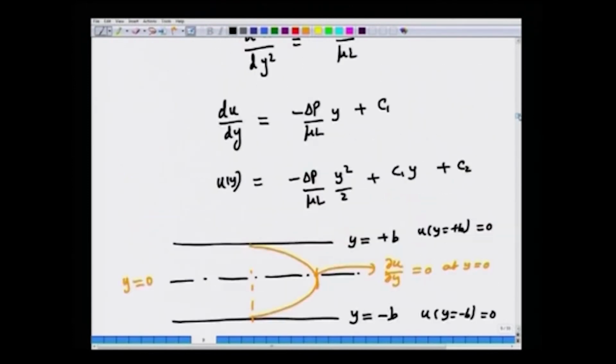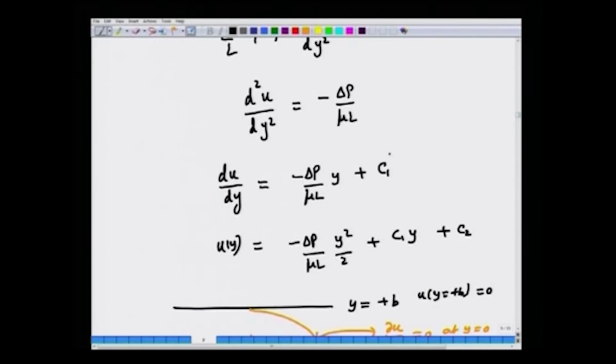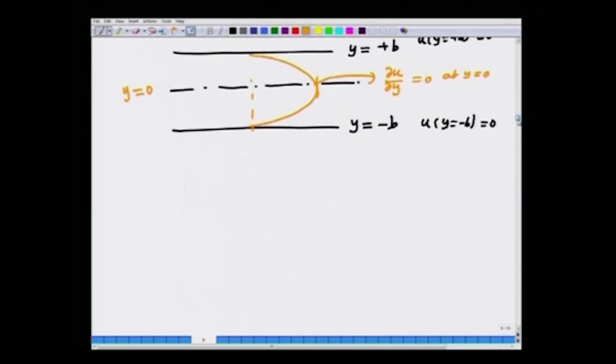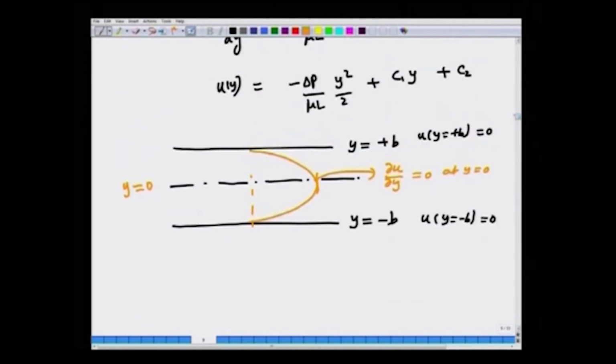Okay, we know what is du dy. Du dy is this. If I evaluate this at y equal to 0, du dy at y equal to 0 is 0. This implies that at y equal to 0, this becomes 0. This gives you the simple condition that C1 is 0. Okay, the symmetry condition straight away gives you that C1 is 0. So, C1 is not there.